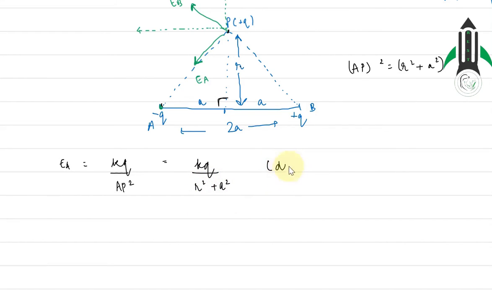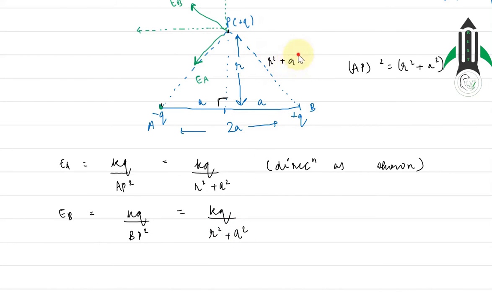And the direction is shown in the figure. Now EB will be equal to KQ upon BP square, that is also equal to KQ upon r square plus a square.